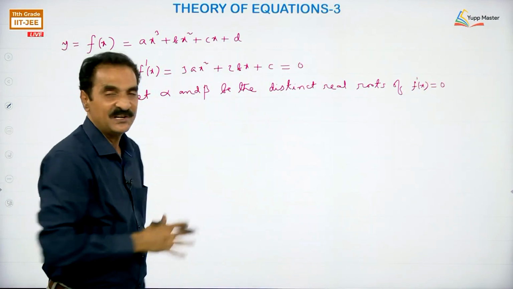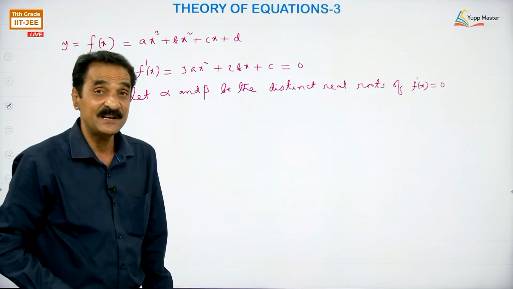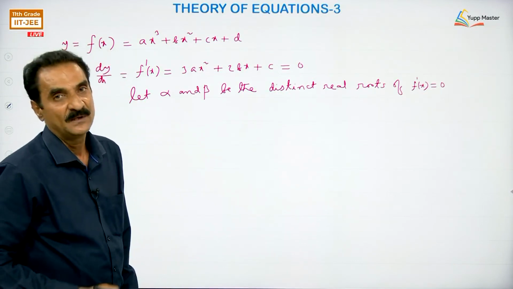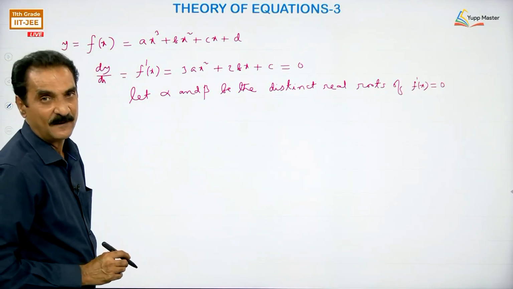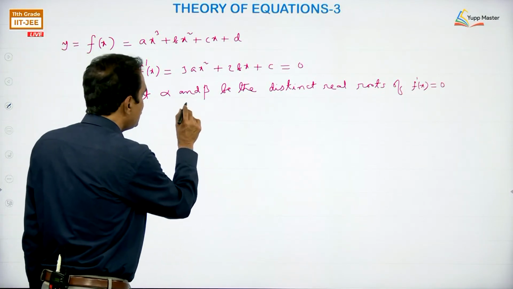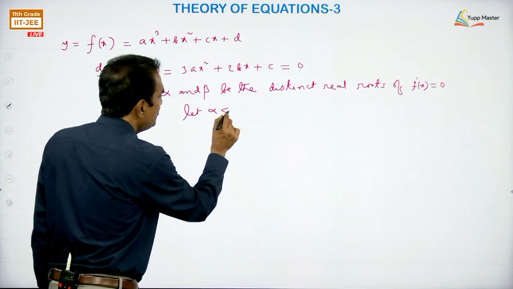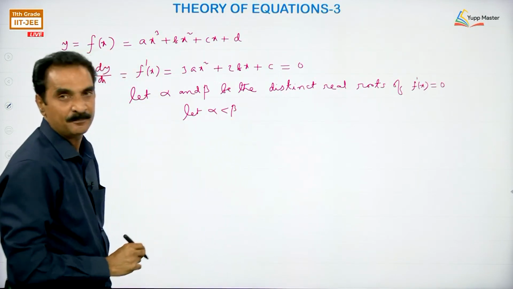When will you have distinct real roots? When the discriminant is greater than 0. Then when it has two distinct real roots alpha and beta, let alpha be less than beta, alpha be the smaller root.